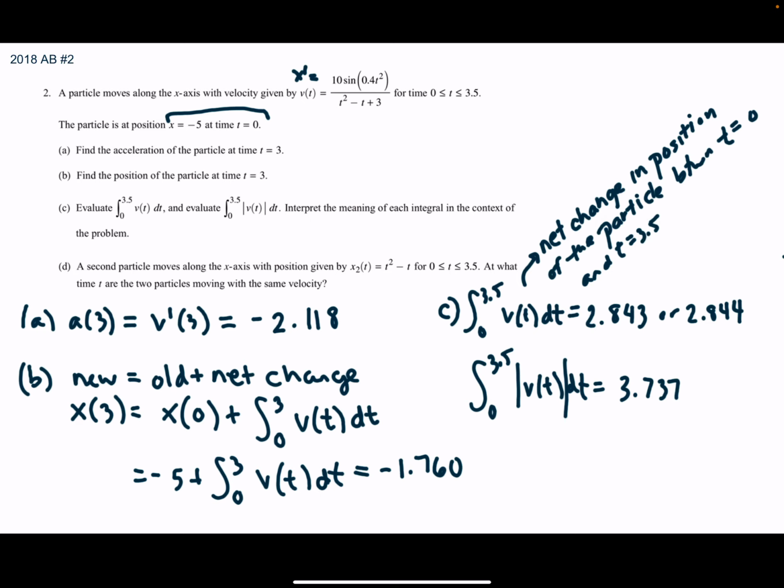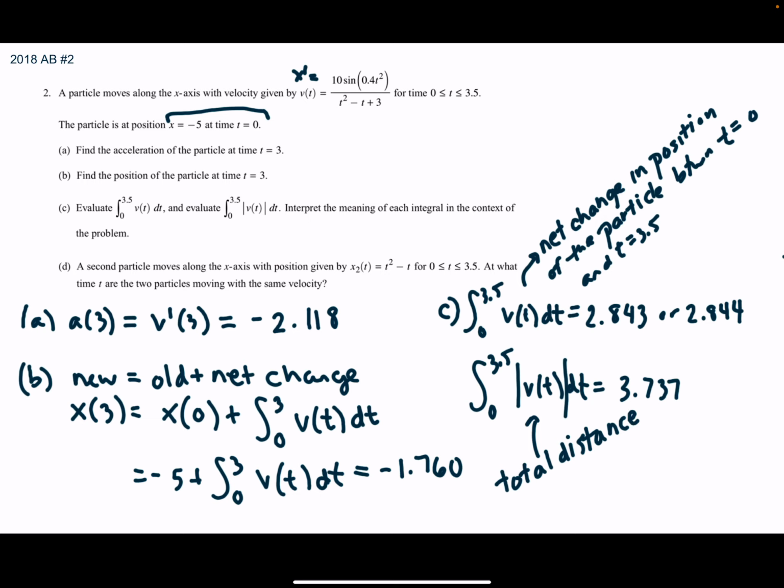You might want to more specifically say that this tells us we ended up 2.843 units to the right of my initial position at t equals 3.5. But just saying it's the net change in position, or the displacement of the particle between t equals 0 and t equals 3.5, is enough. And when I throw absolute value bars on there, this is the total distance traveled.